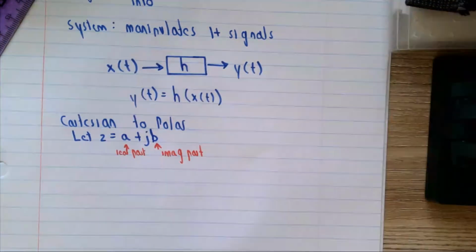Now that we talked about that, let's do some of the conversions between Cartesian to polar and polar to Cartesian. First, starting out, Cartesian is like rectangular coordinates.